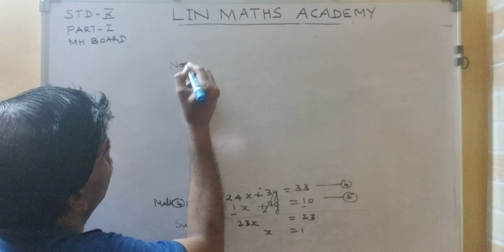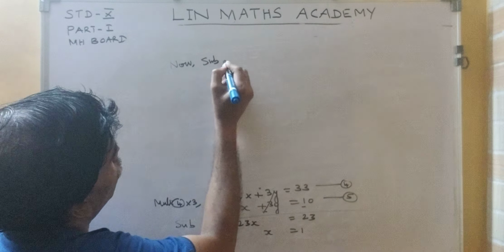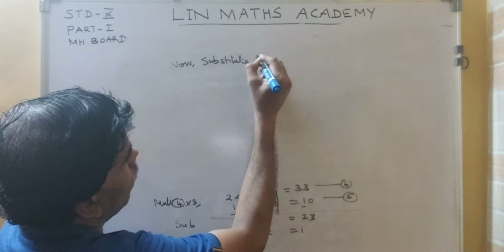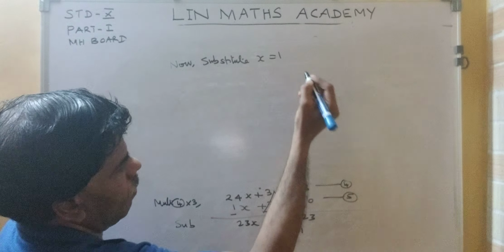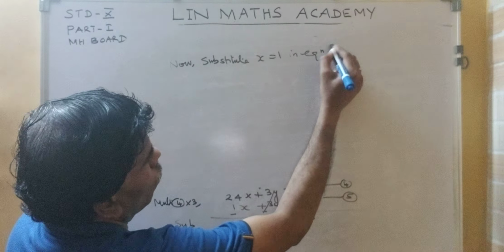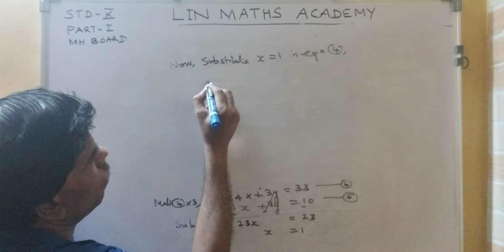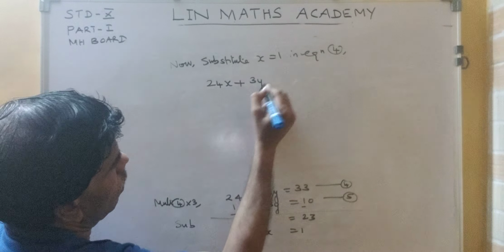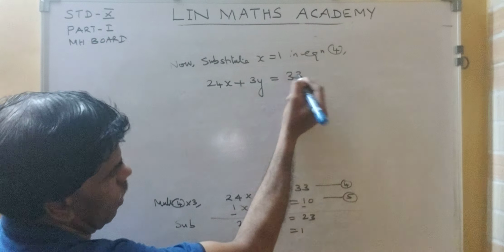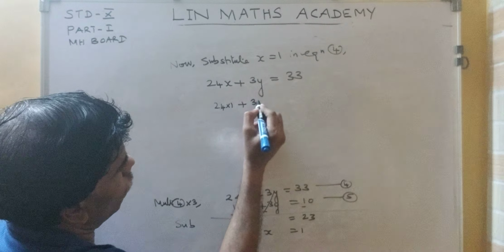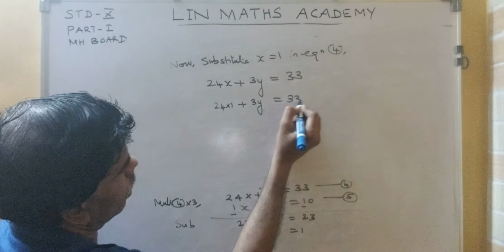Now substitute x equal to 1 in equation 5. 24x plus 3y is equal to 33. So 24 into 1 plus 3y is equal to 33.